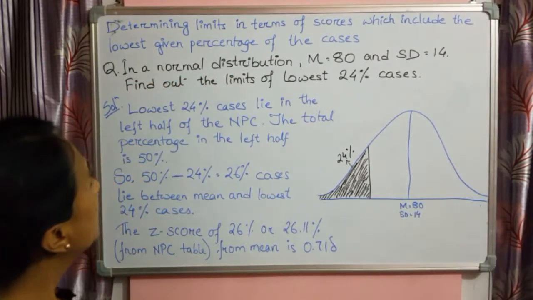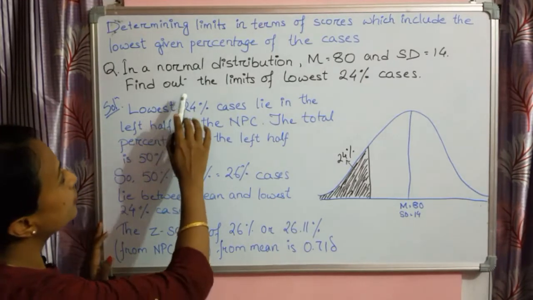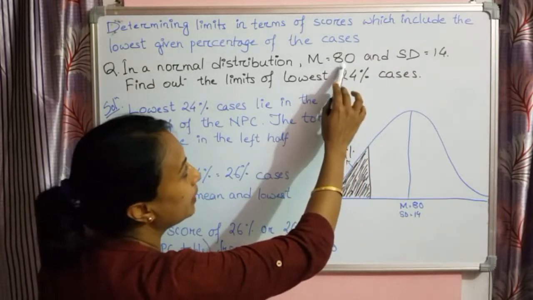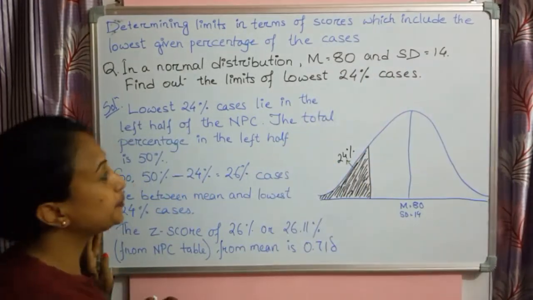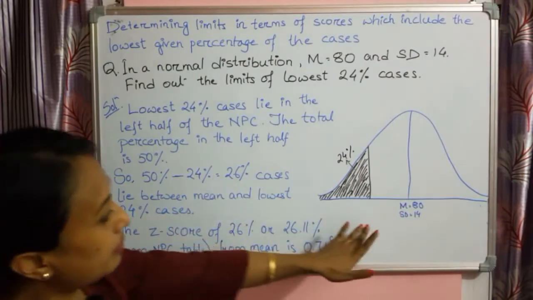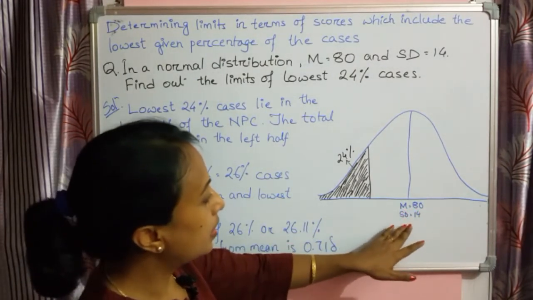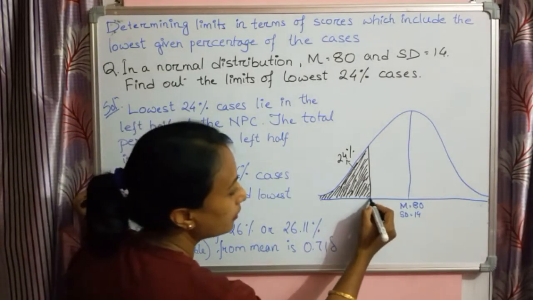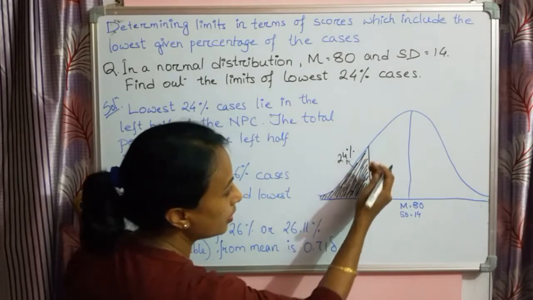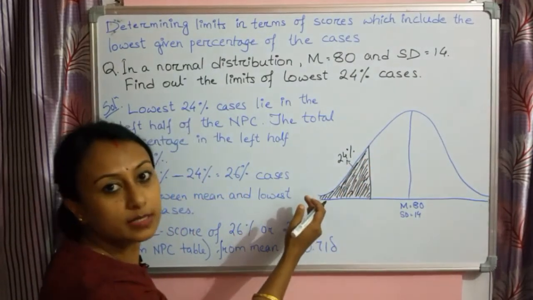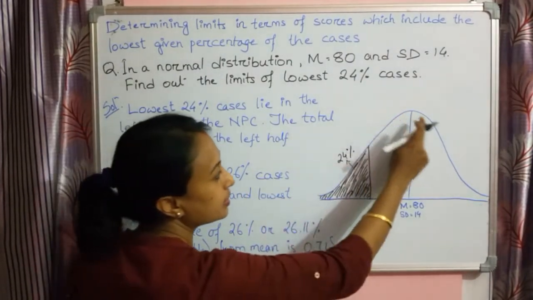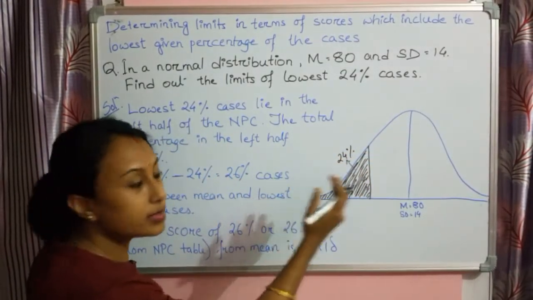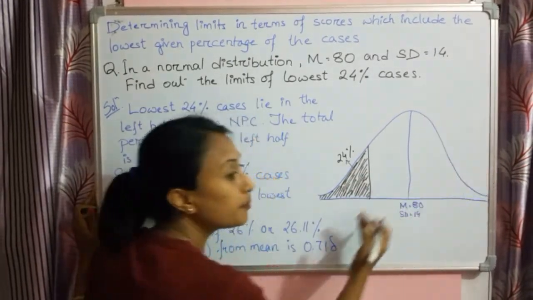In our question, we have been asked to find out the limits of the lowest 24% cases when the mean and SD are provided. This is our NPC. Mean is 80, SD is 14, and we have to determine the limit of this score, the lowest 24%. Below the mean we have the lower scores, and above the mean we have the higher scores.